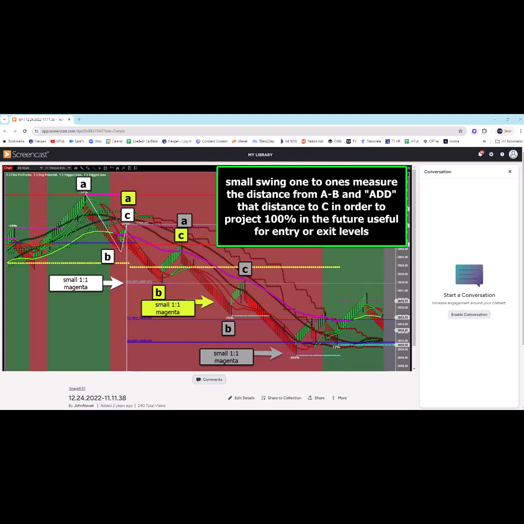Hang on. When I was doing the one-to-ones in TradingView, I found an indicator that really did a good job, because I was explaining it to programmers.